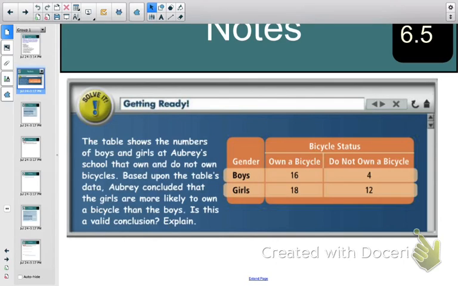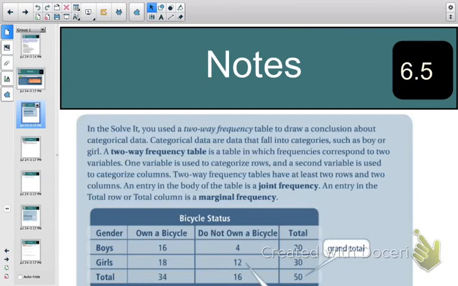However, if you look at the amount that do not have bicycles, it's 4 and 12. So lots more girls don't own bicycles than boys. So I would say her conclusion is probably not valid, because if we were to look at percentages, the percentage of boys owning a bicycle is probably going to be higher.